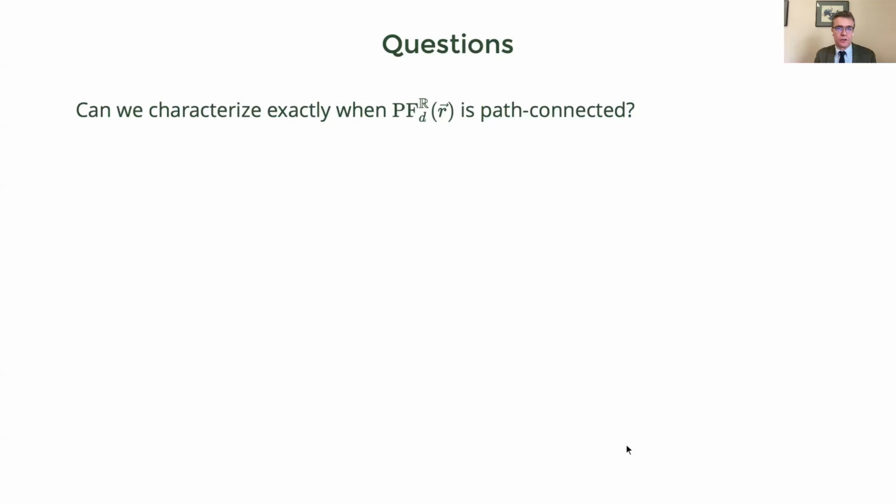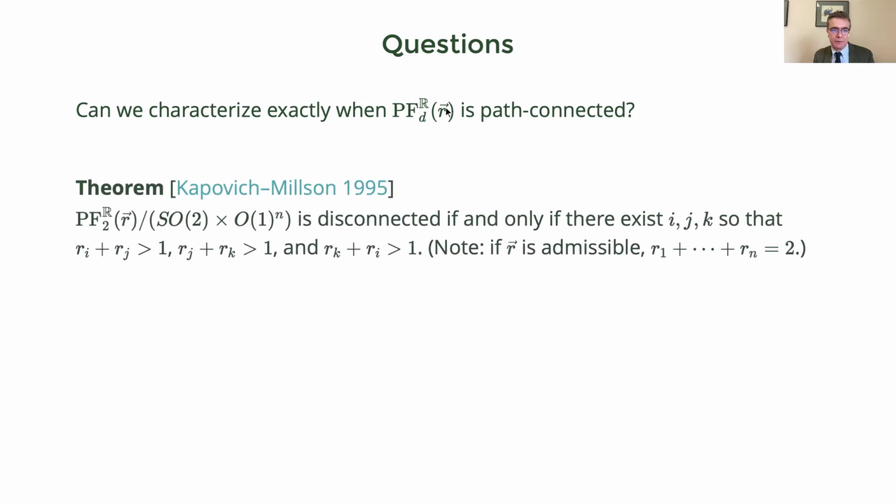All right. So that's what I wanted to say about results. And then some questions that I have are: can we characterize exactly when these spaces are path connected? The thing to keep in mind is that we know of examples where they're not path connected, even when D equals 2.